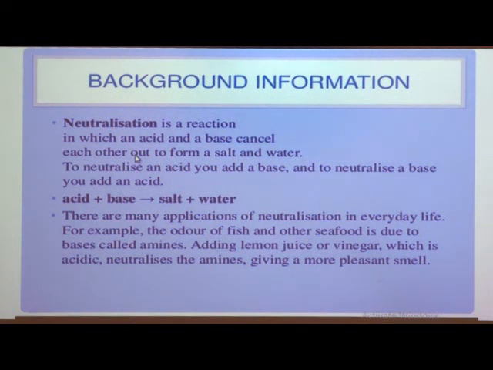Whenever you neutralize, what does neutralize mean? See students, here it is given that whenever we add acid and base, they cancel each other out. What does it mean? Acid has a particular type of properties, and base also has a particular type of properties.